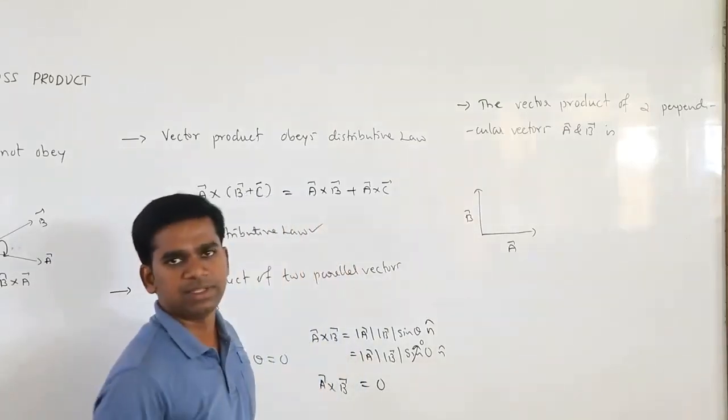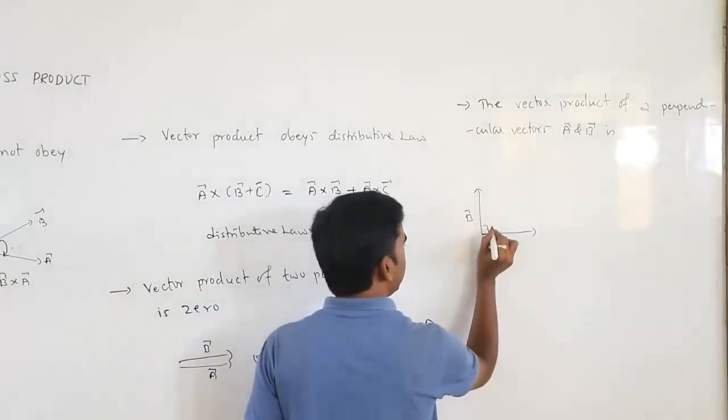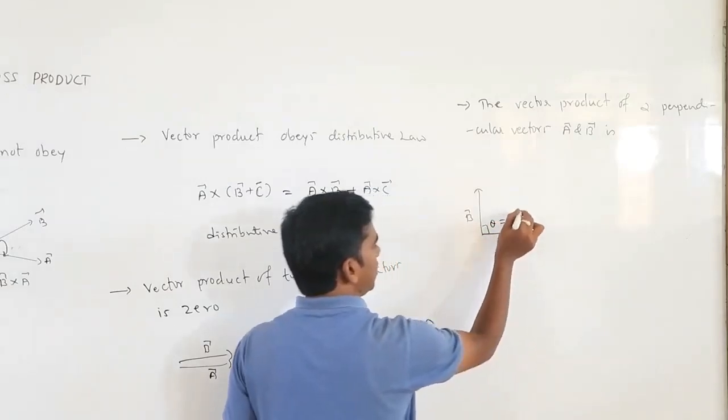They are perpendicular to each other. So the angle between them is 90 degrees.